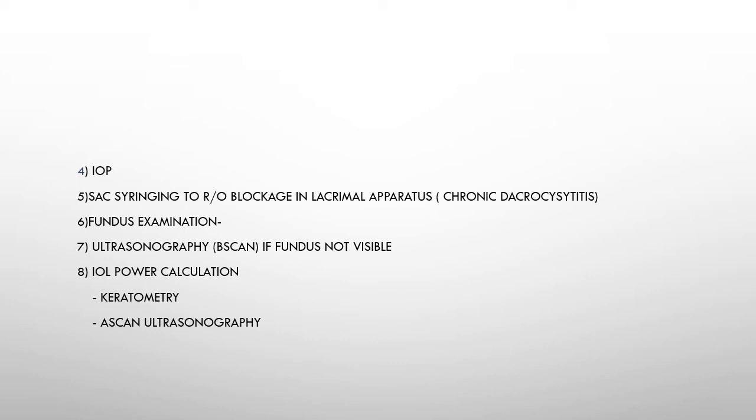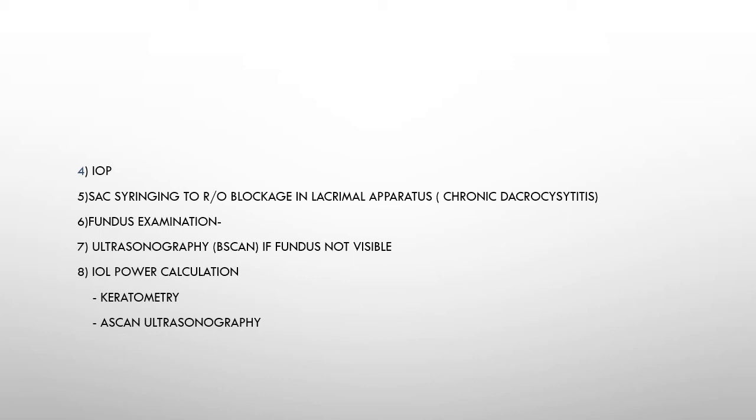So probing and sac syringing is to be done. Complete fundus examination is to be done to rule out any retinal or choroidal pathologies. In mature cataract, the fundus is not seen on slit lamp. So in such cases, ultrasonography, that is B scan, is to be done if the fundus is not visible.